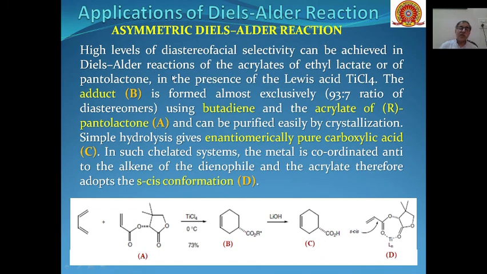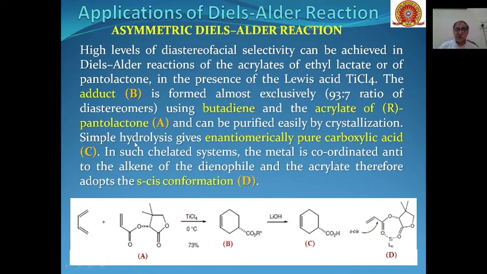Then some more examples of asymmetric Diels-Alder reaction. High levels of diastereofacial selectivity can be achieved in Diels-Alder reactions of acrylates of ethyl lactate or pantolactone in the presence of Lewis acids such as titanium tetrachloride.